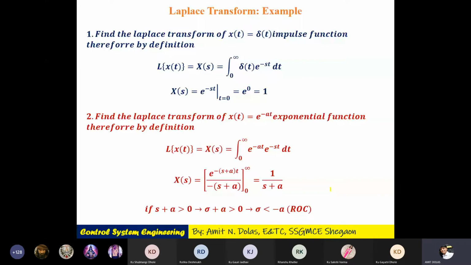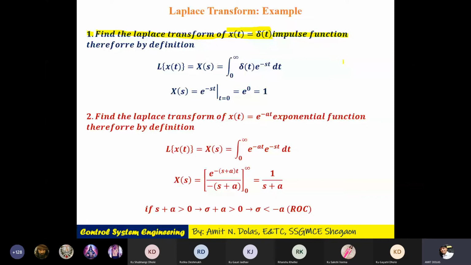Now the example. A very simple example is quoted here. Example 1: find the Laplace transform of x of t equal to delta t. What is delta t? Delta t is nothing but the impulse function. It is infinite at 0 and it is 0 towards minus infinity and plus infinity.